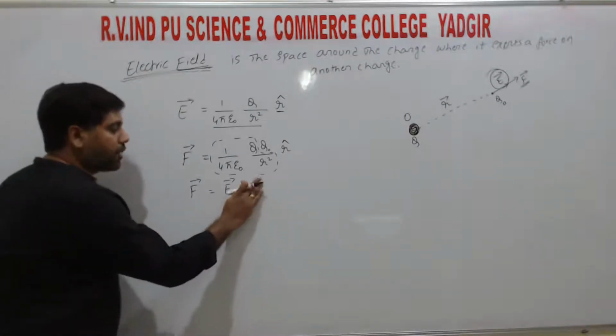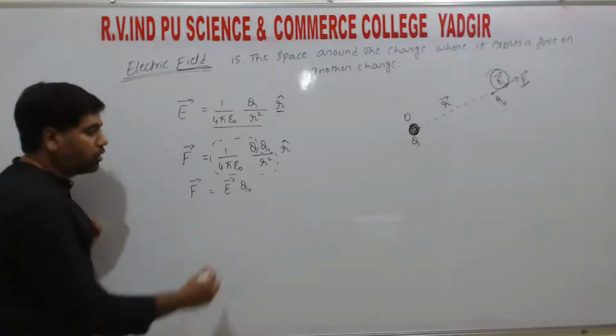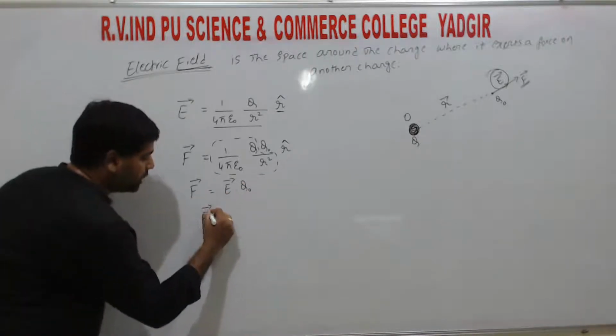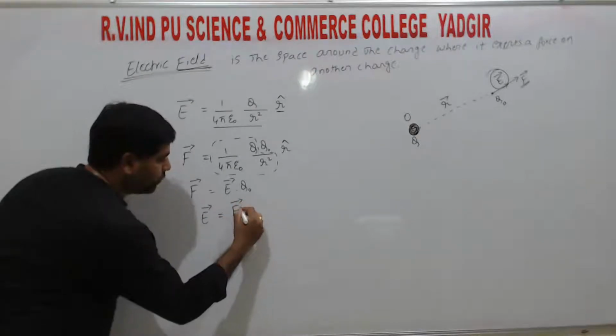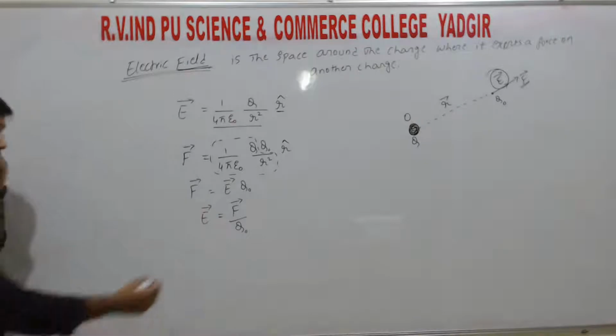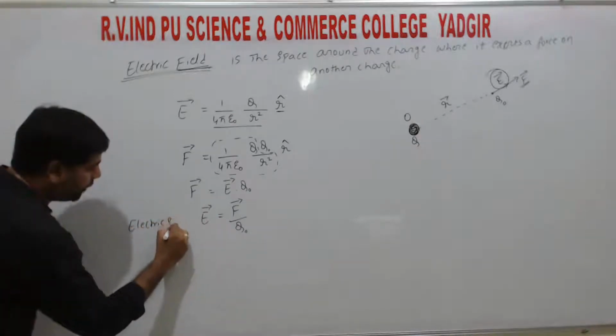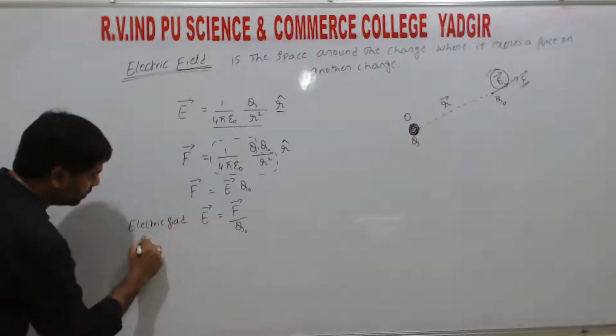Since r cap is in the same direction, F equals E into Q0. So E equals F divided by Q0, and this we call the electric field strength.